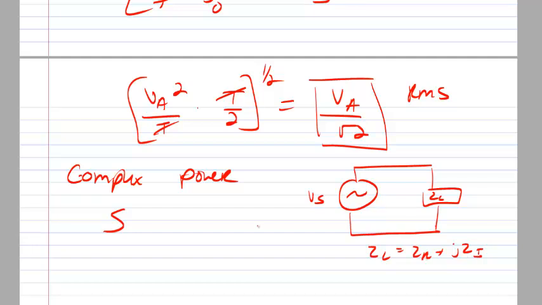So this has a real component and an imaginary component. With this simple circuit, if we're looking at the power dissipated across this load, we could say the complex power of the load is VL times IL, and that would be the root mean square values we just found.